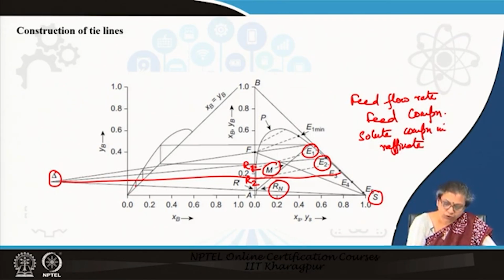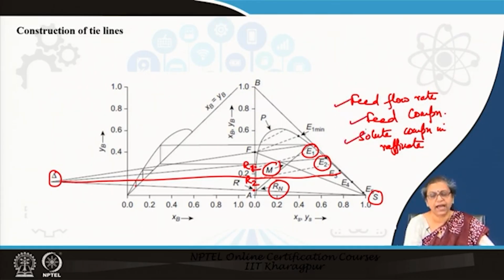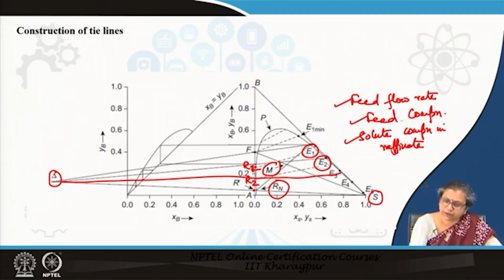So, therefore, to locate the point on the ternary plot, you need to join this R with S, and then the point where it meets the raffinate curve gives you the actual Rn. So, normally these are the three things that you are given, and you are asked to start with this feed composition, feed flow rate, and arrive at this solute composition in the raffinate.